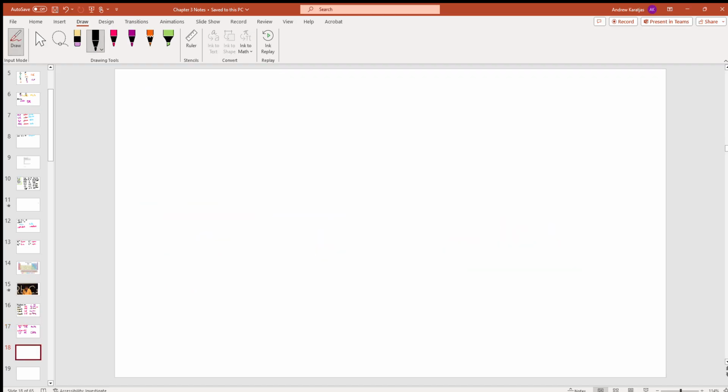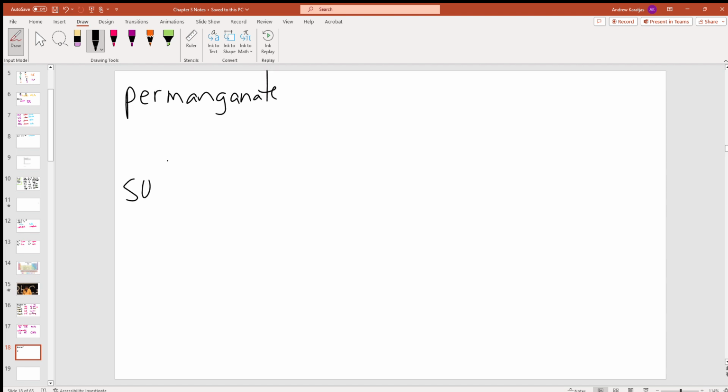All right, a couple more of these that we need to learn, and then we work on some variations. Permanganate, sulfate, and then we'll get into some other groups.